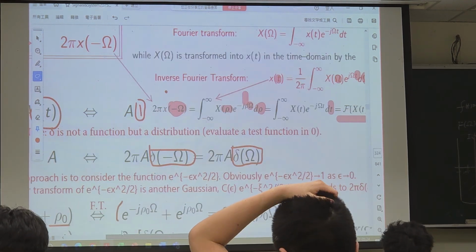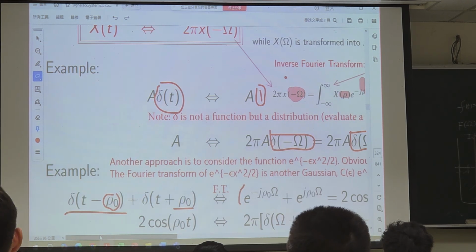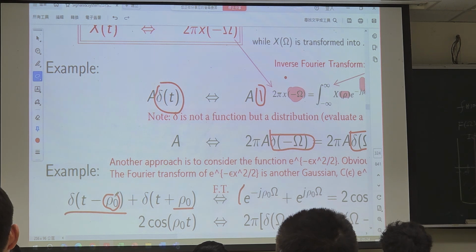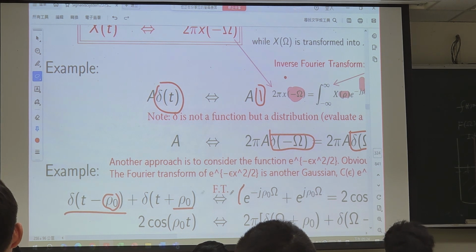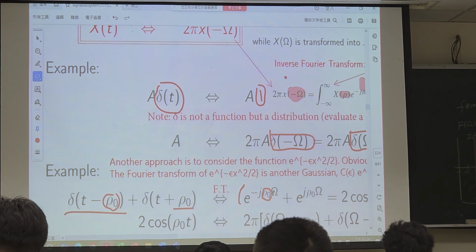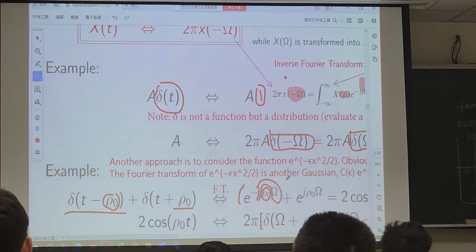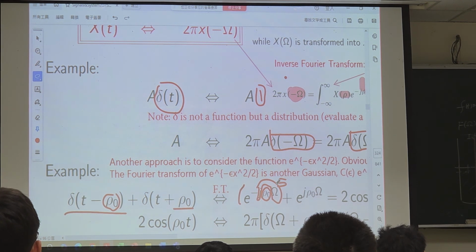Okay, let's go back to the example here. In this case, we have rho sub 0 seconds delay. So this is the delay time. And j omega, like I said, in the s domain that is s, but in the frequency domain we replace s by j omega.